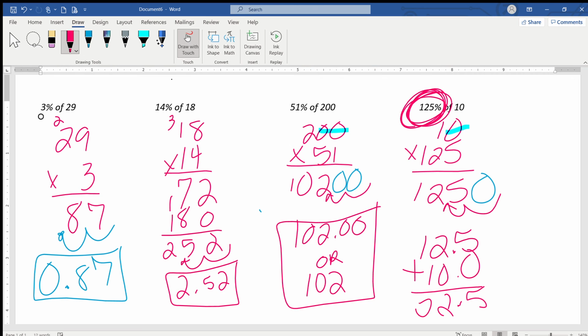This is just a peek into when the percent is bigger than 100. Otherwise, that's it. That's how you do this. And at the end of this other horrific looking problem, 22.5 is your answer. Done. That's how this works.